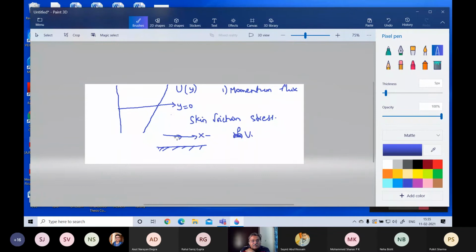And when there is a boundary like this, some of this flux gets transferred in this direction. That is, it is the flux of X momentum in the Y direction, and this will be given by the momentum flux.